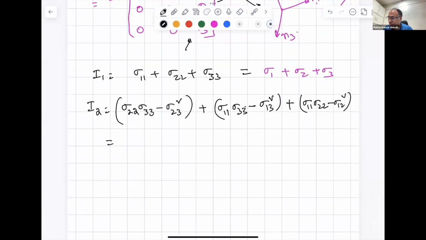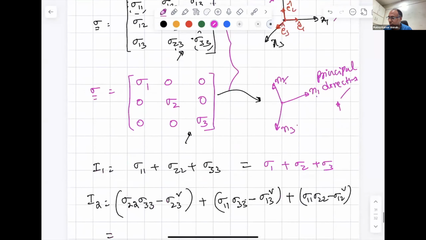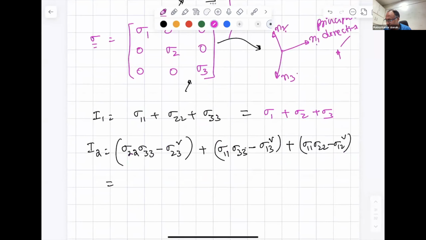That is for the first one. Second one, what will be the principal minor? Sigma 2 sigma 3 plus sigma 1 sigma 3 plus sigma 1 sigma 2. So these two should be equal, correct?